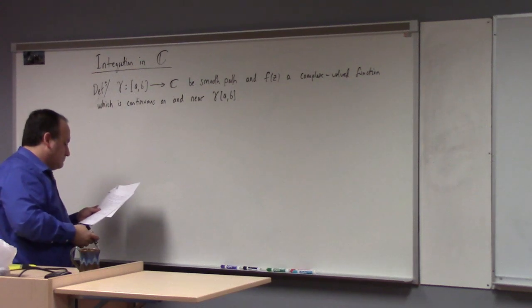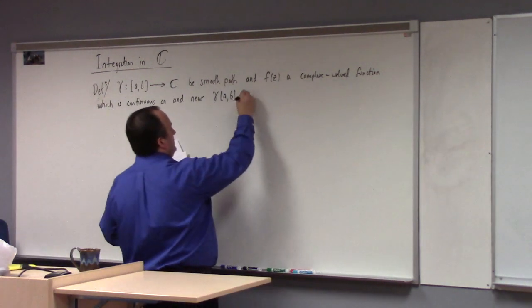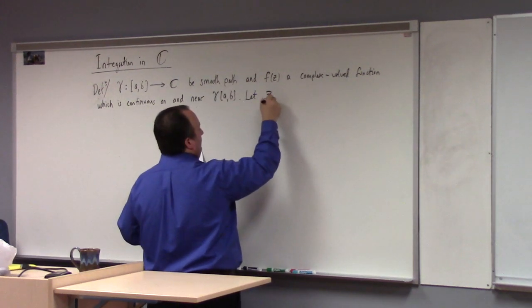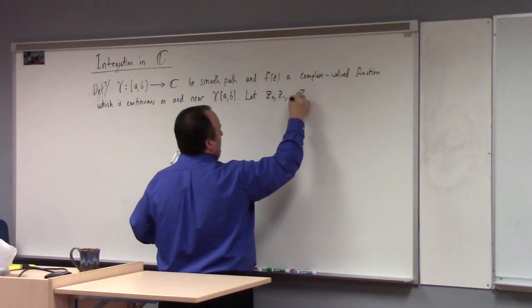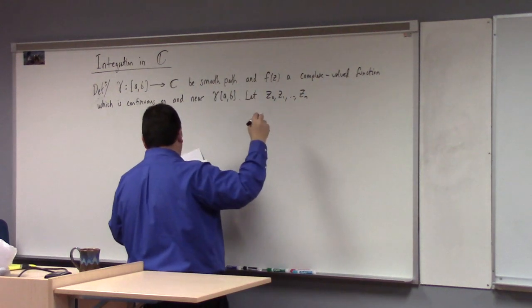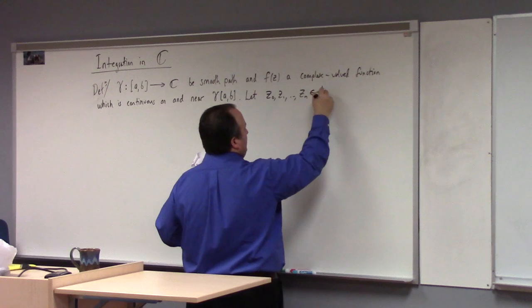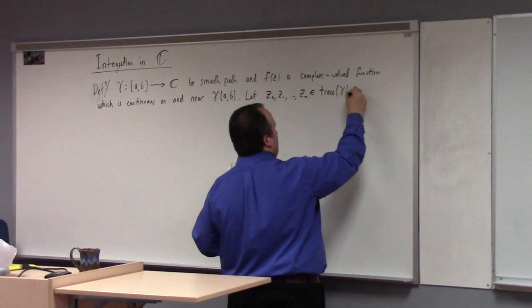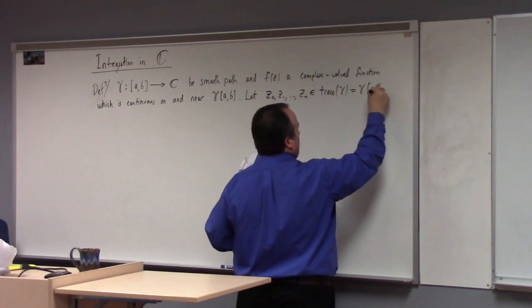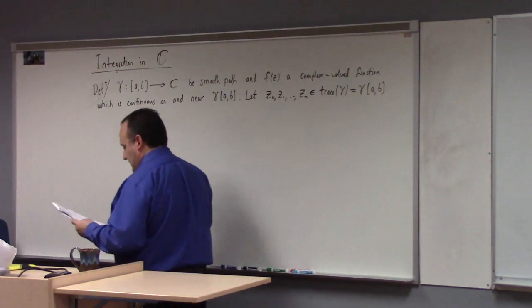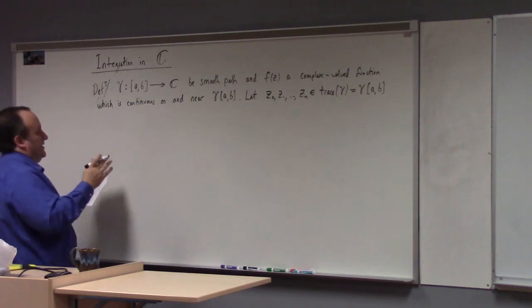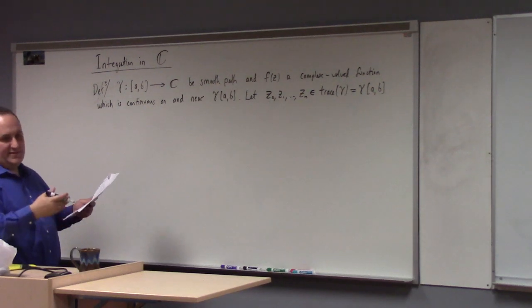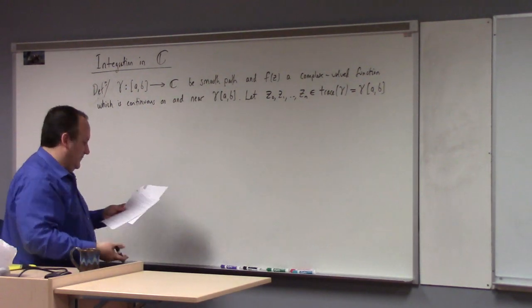Let z0, z1, ..., zn be elements of the trace of gamma. Now I say trace of gamma, and this is an artifact of the book I was looking at when I wrote these notes. But what I mean by that is the image of the path, the set of points. So this is a parameterization of some curve in the complex plane, and gamma of ab is the set of points which the parameterization actually covers.